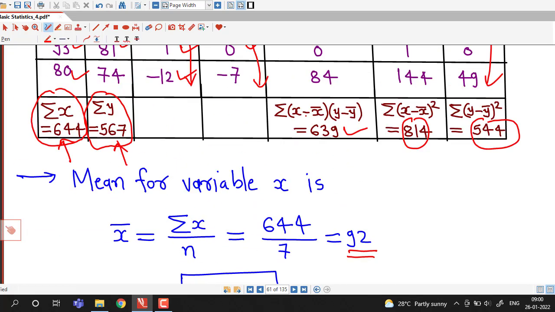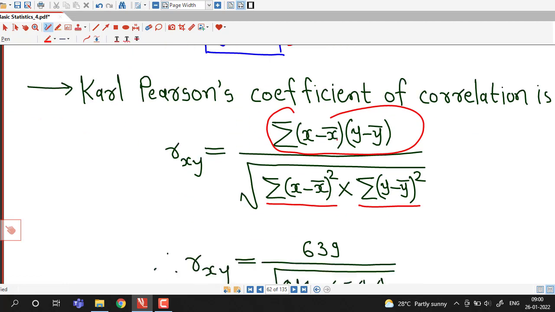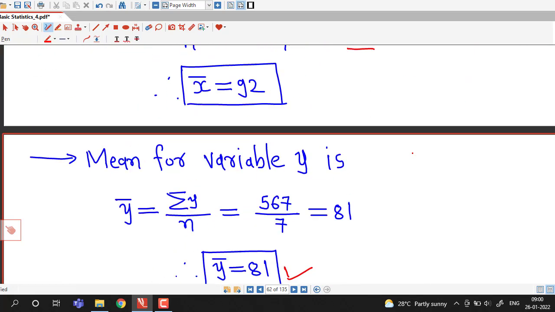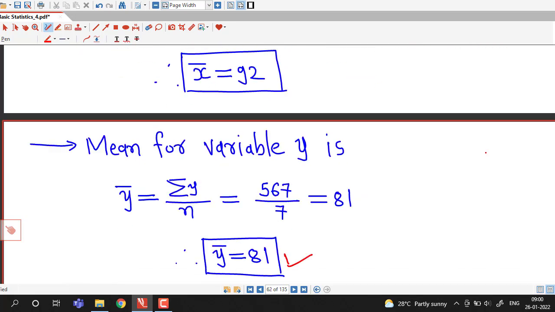From the table we have sigma x minus x bar times y minus y bar is 639, sigma x minus x bar square is 814, and sigma y minus y bar square is 544.